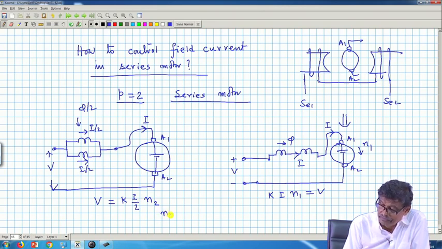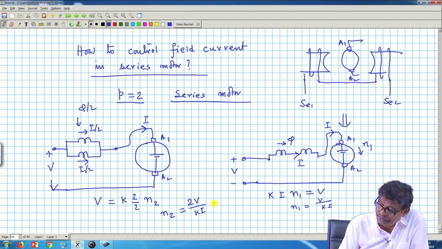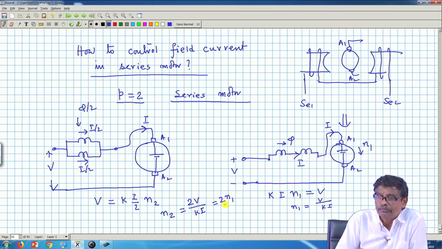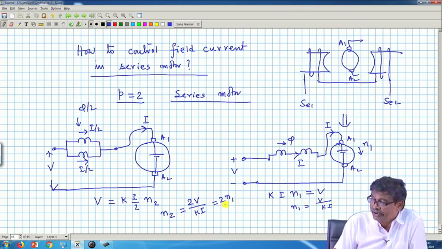n2 will be 2V by k I, is it not? Here n1 is V by k I. So, now the speed will be approximately twice this speed, provided it is loaded to the same armature current.